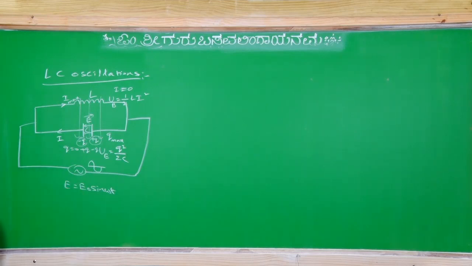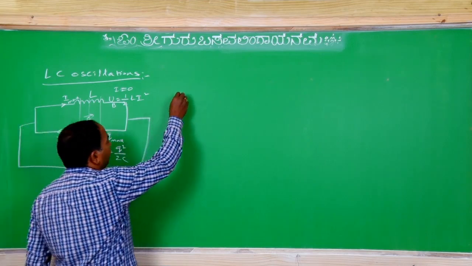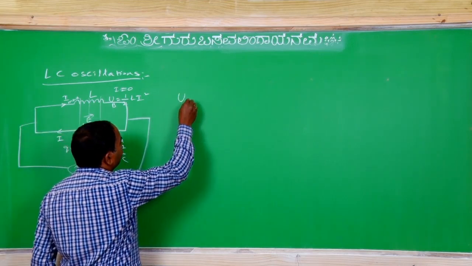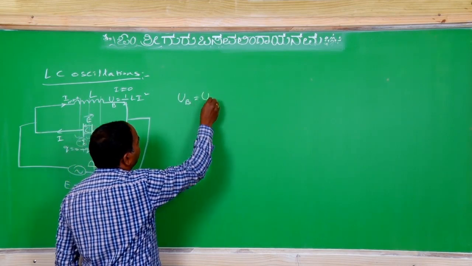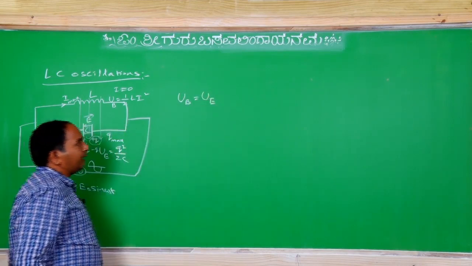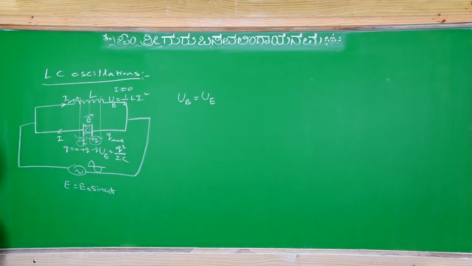When the oscillation occurs, the energies are interchanging. Here always remember that the energy across the inductor due to the magnetic field should be equal to the energy across the capacitor due to the electric field.